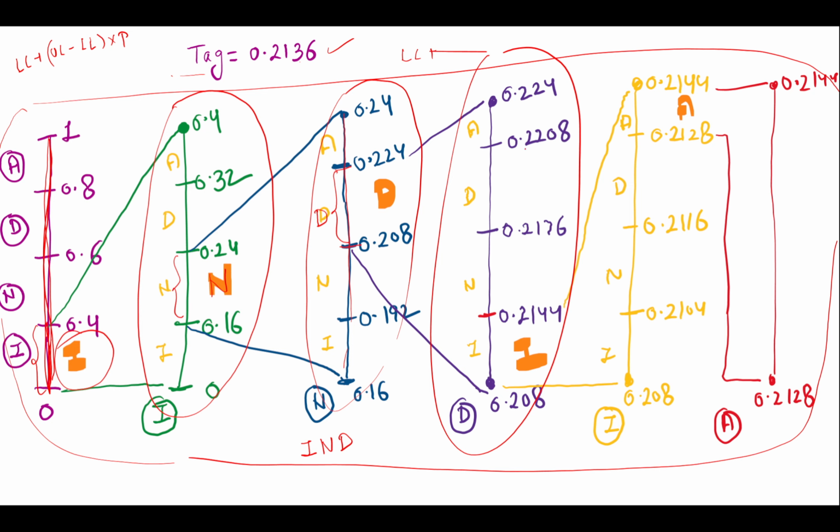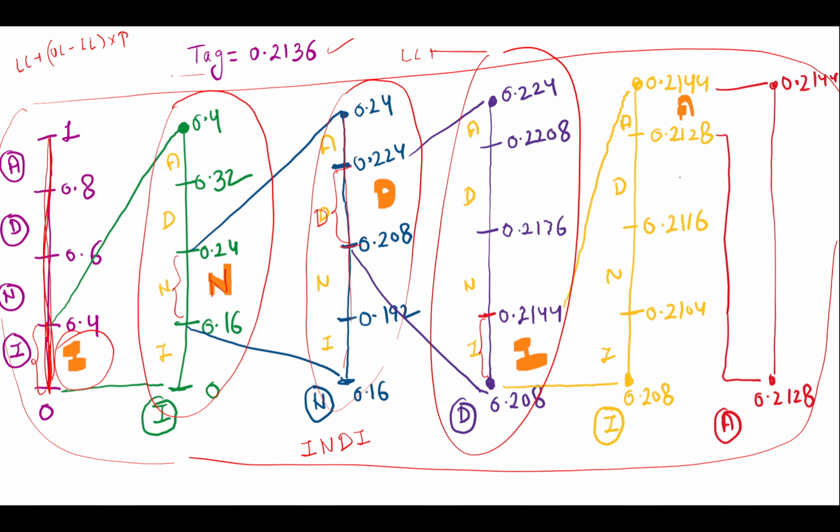Again we check which interval this tag value lies in. It lies in the first range, 0.208 to 0.2144. So definitely this tag value lies here, and we know the first interval is known as I.